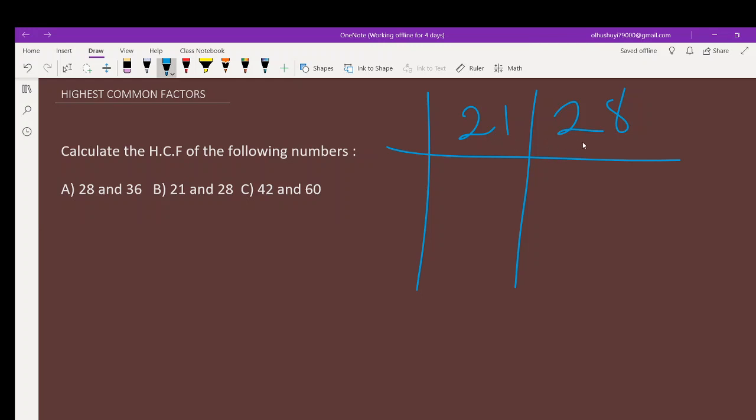Can 3 divide 28? No. Go to 4. 4 can't divide 21, but 4 will divide 28, so we can't use it. 5, none. 6, none. 7, yes, 7 divides both. So you have 3 here and 4 here. What other number? No other number will divide those two numbers. So you have H.C.F equal to 7. A very simple and direct method.